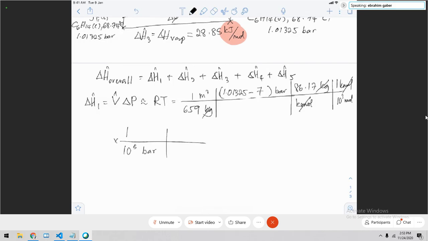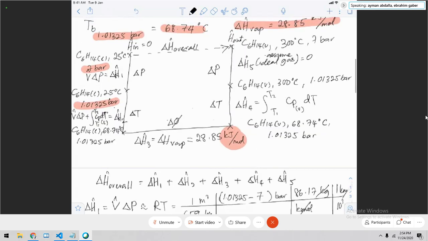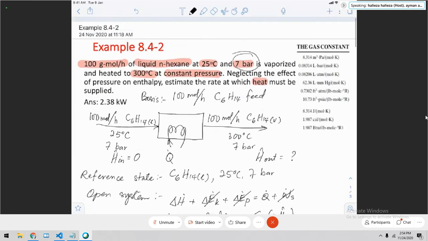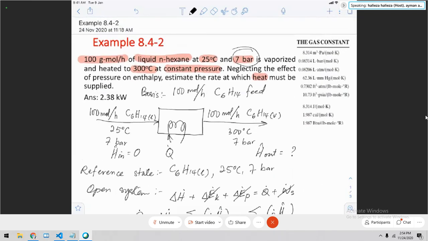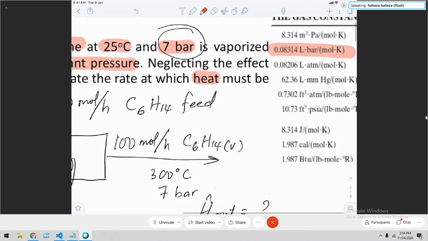Doctor, can we use the R constant? Yes, I was waiting for that. It's far easier to use the gas constant. Anything with bar, cancel the bar using that.